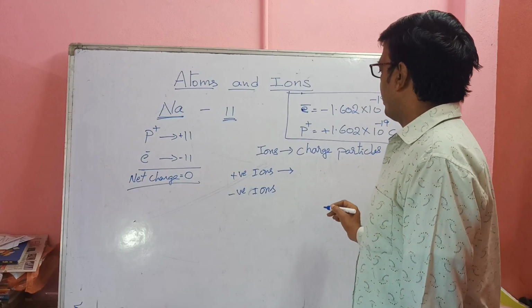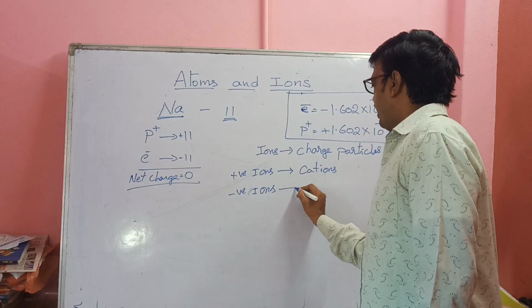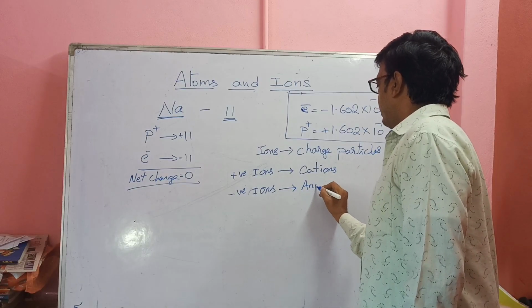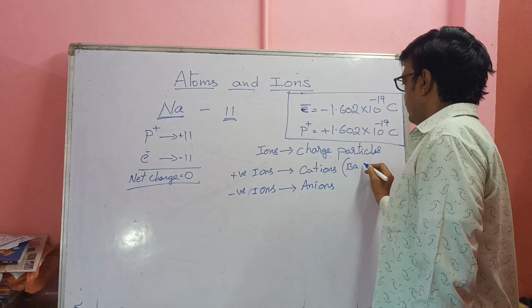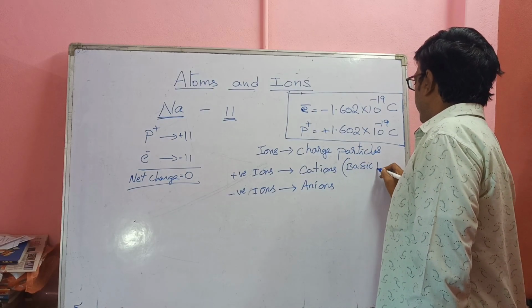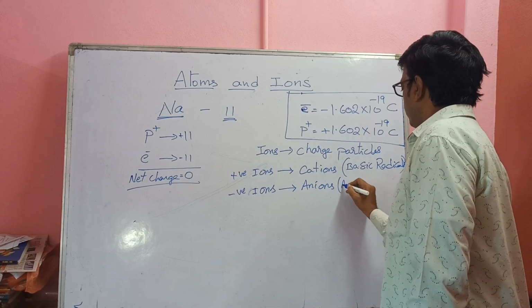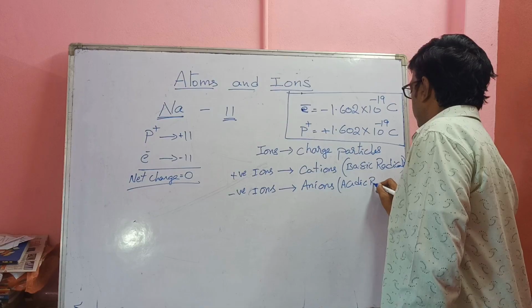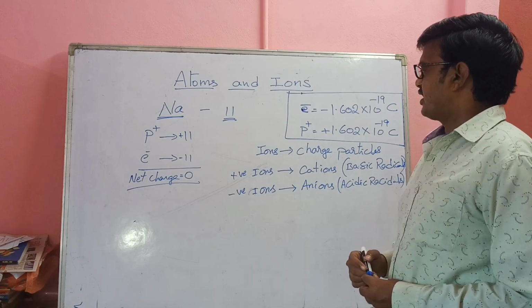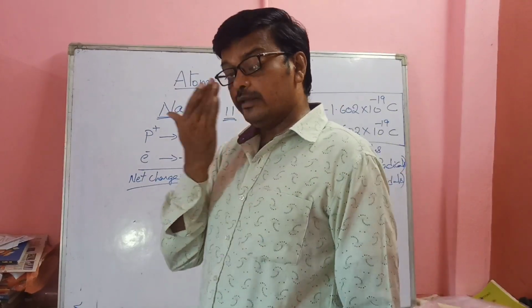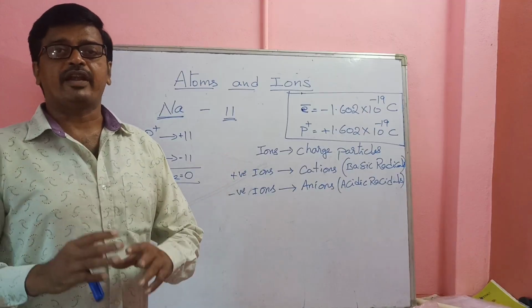Positive ions we call cations or basic radicals, and negative ions we call anions or acidic radicals.